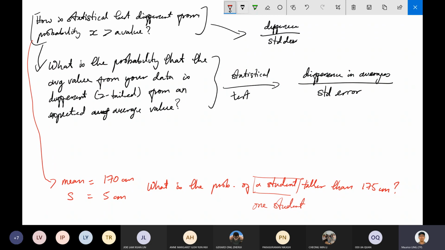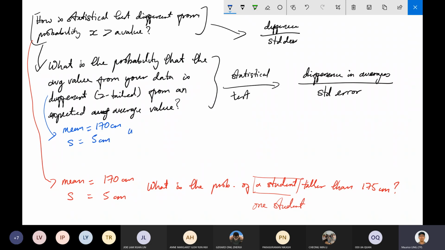While for your hypothesis testing, same thing, the mean height can be 170 cm and the standard deviation can be 5 cm.